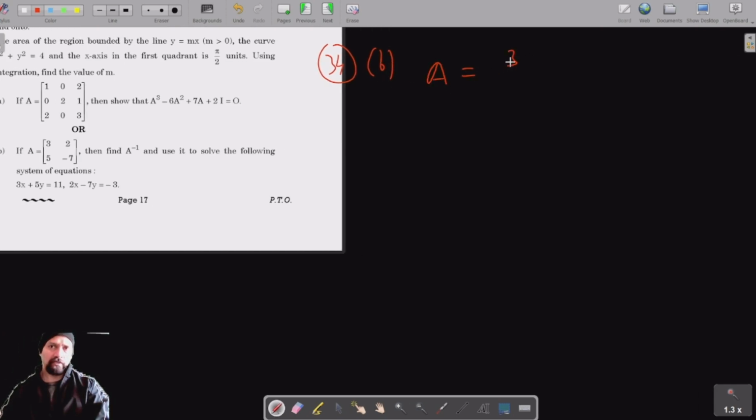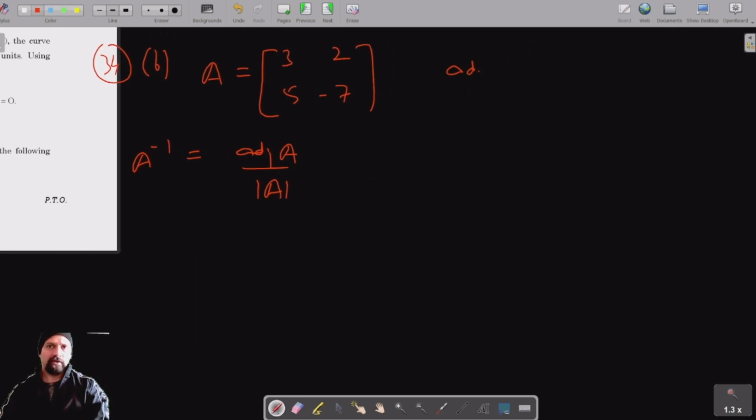So it's given that matrix A is 3, 2, 5, negative 7. We have to find A inverse, and we know that A inverse is equal to adjoint of A divided by determinant of A. Now adjoint of A is easy to find for a square matrix. Just swap these two numbers, so this is minus 7, 3, and give negative signs to these two, so minus 2, minus 5.